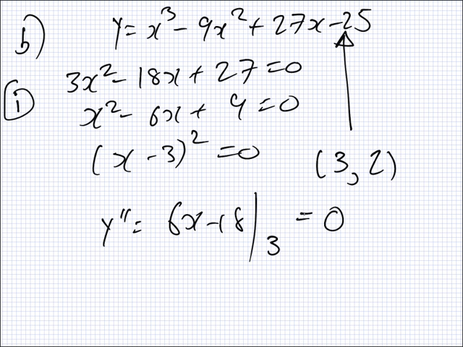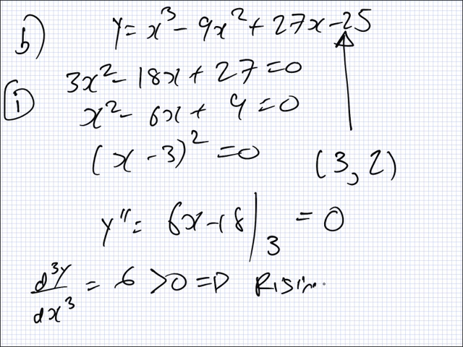Is it an inflection point? Well, we don't know for certain. Why not? Because the first derivative and the second derivative are both 0. So if we calculate the third derivative, we get 6, which is positive, which actually makes it a rising inflection, isn't it? Isn't that what we said?